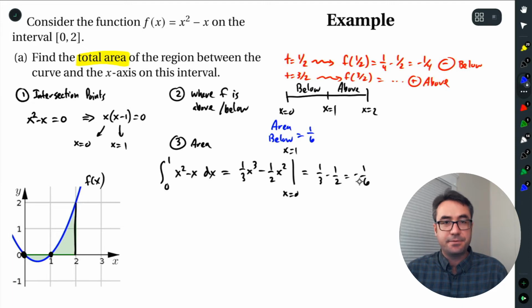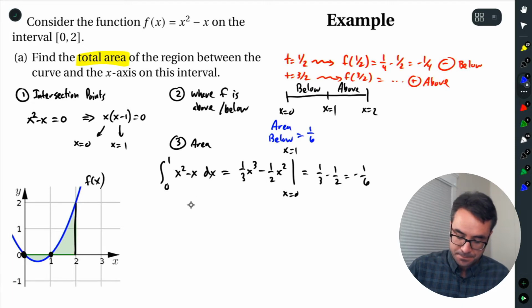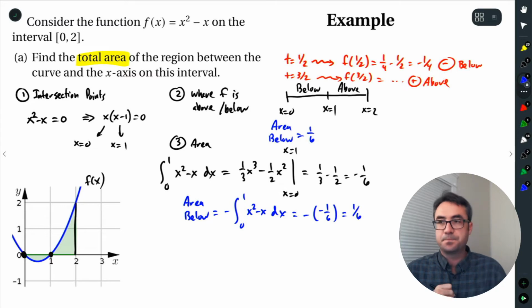It's the negative of this integral. So the area for this region below, we can integrate our definite integral, but we have to adjust for the fact that our function is below the x-axis. The way we adjust for that is by putting another negative in front. So we end up with a double negative, and we make this positive essentially.